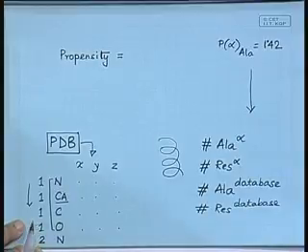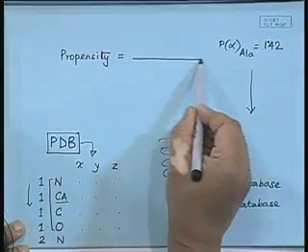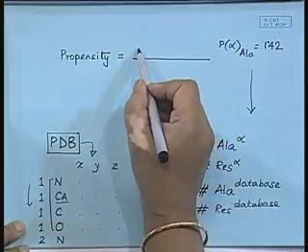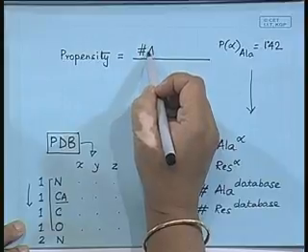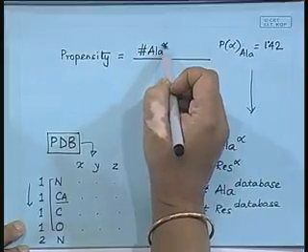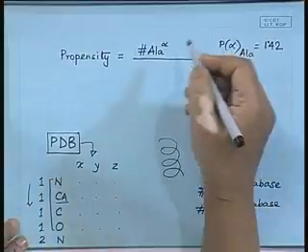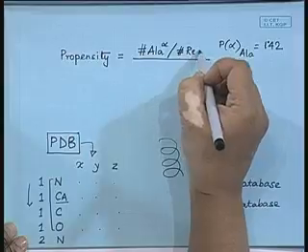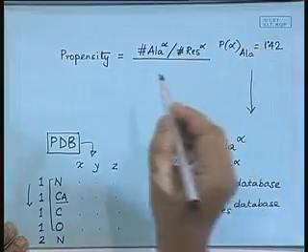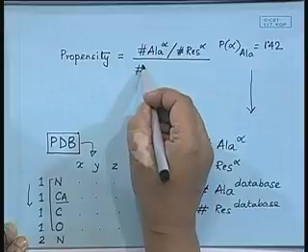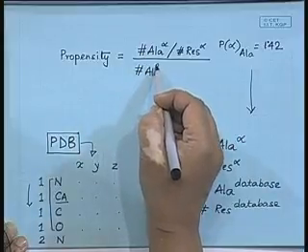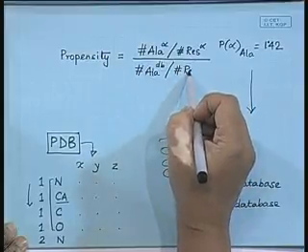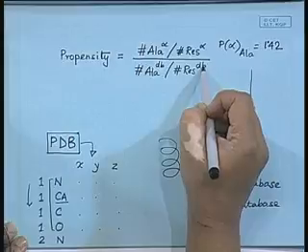Okay? The propensity is a ratio. It is a ratio of the number of ALA in alpha divided by the number of residues in alpha, over the number of ALA in the database divided by the number of residues in the database.